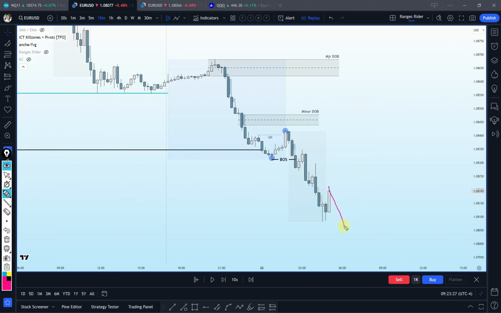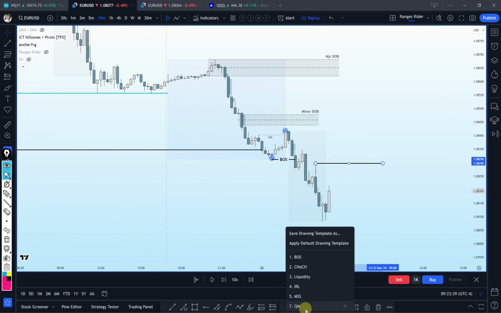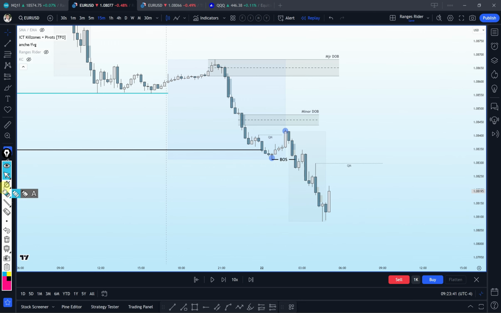And we don't know how far it can go, but we can just mark this as a QM if we can reach there. But this is not the QM yet. And now this is where the anticipation trades come in. If you want to trade the anticipation trade, you can. If you don't want to, we have another trade which is after confirmation, and I will explain later.